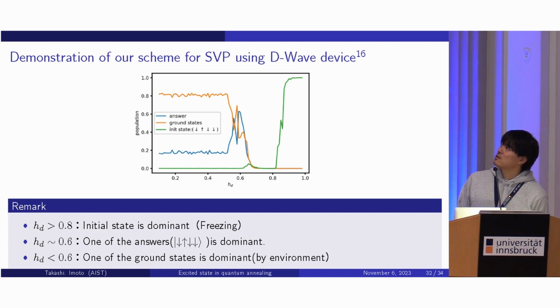We can see that here, where HD is more than 0.8, the initial state is dominant, and this is caused by the freezing effect. On the other hand, here, where HD is less than 0.6, one of the ground states is dominant, and this is caused by the environmental effect. So we choose a transverse magnetic field HD of around 0.6. So one of the answers, down up down down, is dominant.